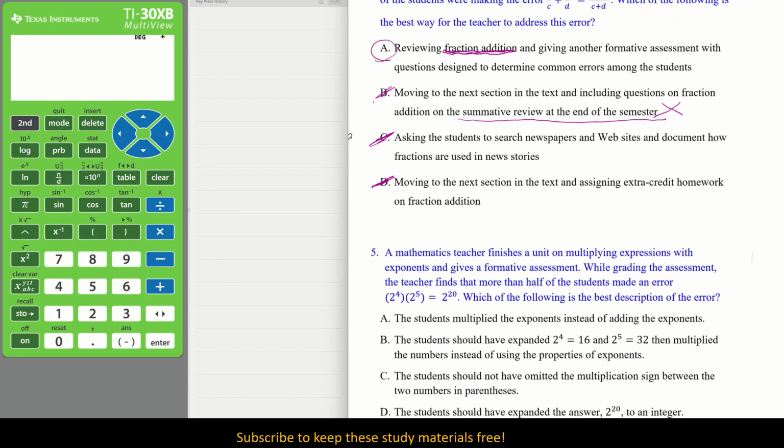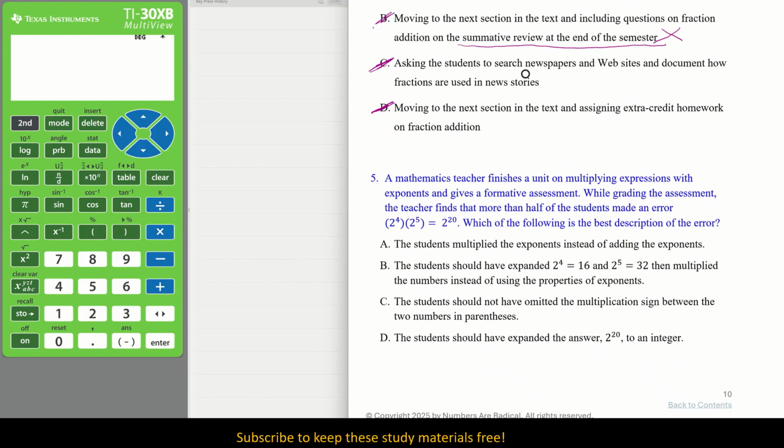So let's look at number 5. All right. So number 5 says a mathematics teacher finishes a unit on multiplying expressions with exponents and gives a formative assessment. While grading the assessment, the teacher finds that more than half of the students made an error.